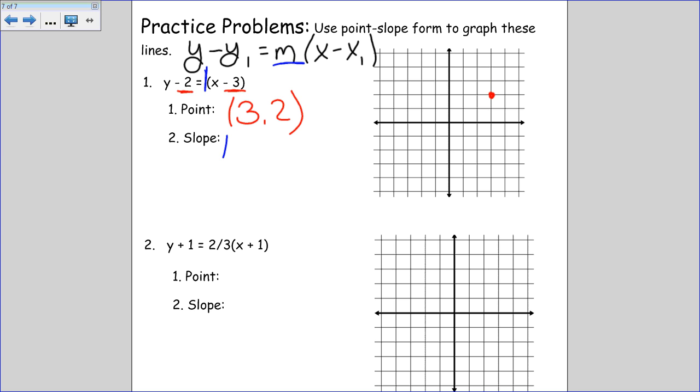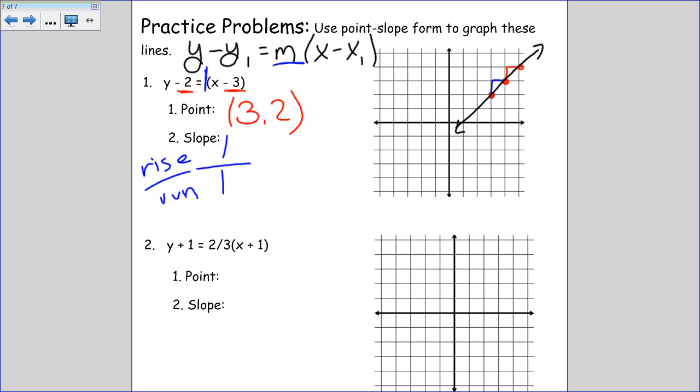Okay, so knowing that we have a slope of 1 or a rise over run, 1 over 1, we could find another point on our graph. From here I could go up 1 over 1, and there would be another point. Do it again, up 1 and over 1 to find another point, okay? And the very last step would be to connect our dots.